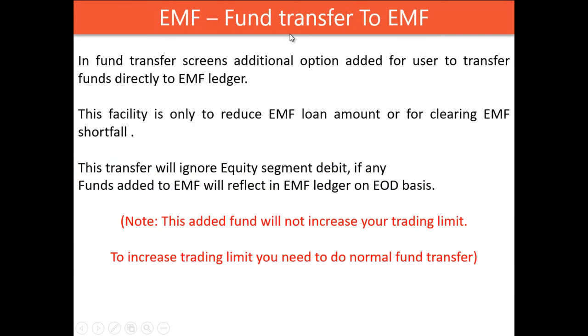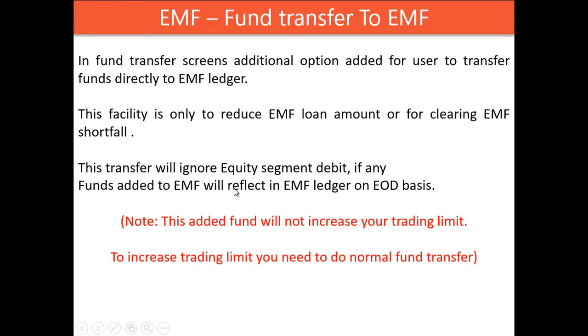To do a fund transfer to EMF, an additional option will be added in the fund transfer screen for the user to transfer funds directly to the EMF ledger. This facility is only to reduce the EMF loan amount or for clearing an EMF shortfall. This transfer will ignore equity segment debit, if any. Funds added to EMF will reflect in the EMF ledger on an EOD basis.